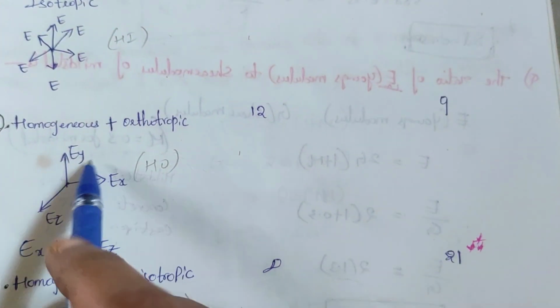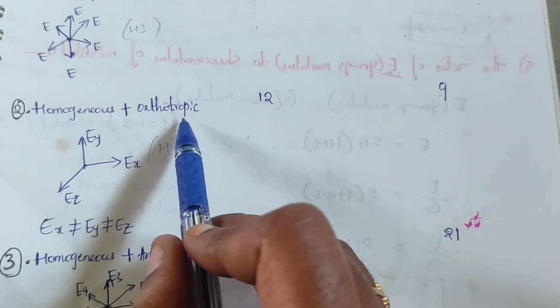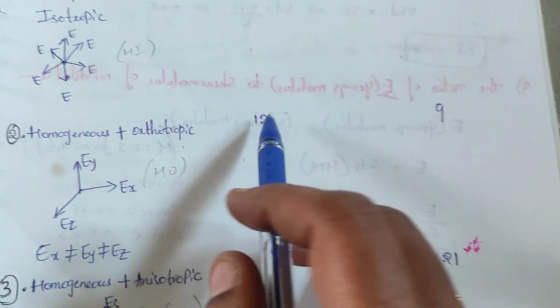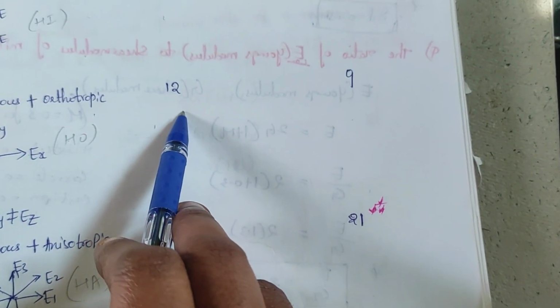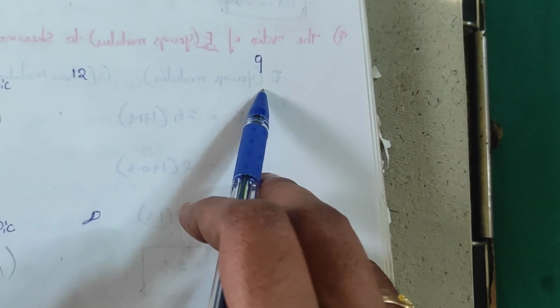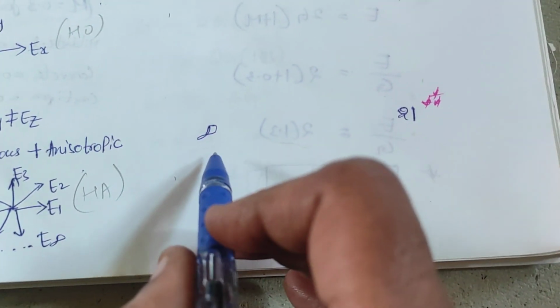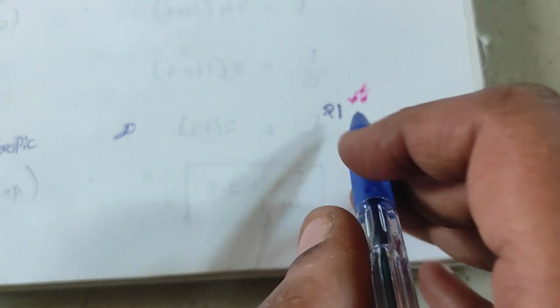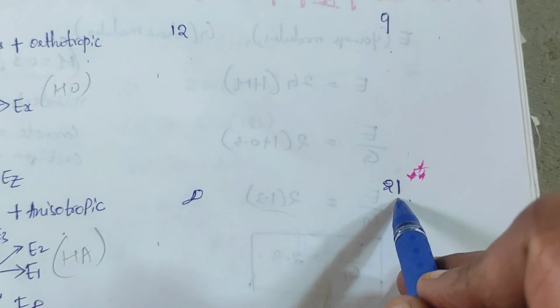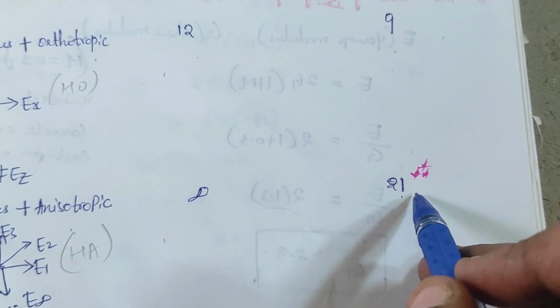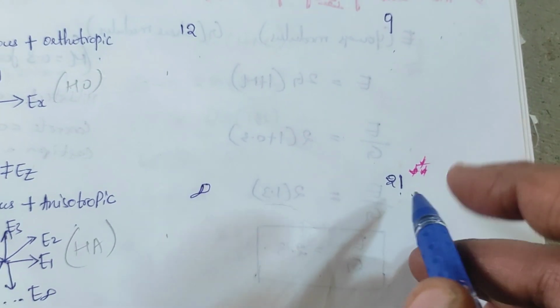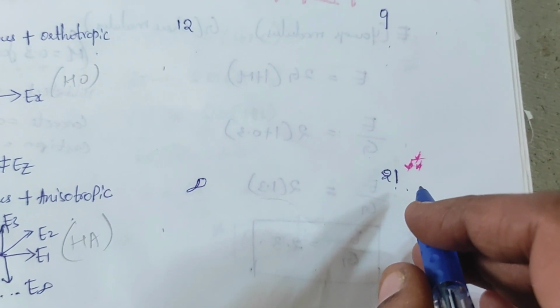Next, for homogeneous and orthotropic, the total number of elastic constants is 12 and independent elastic constants are 9. Coming to homogeneous and anisotropic, total number of elastic constants is infinity and independent elastic constants are 21. This is a very important one. Previously in many exams this question was asked.